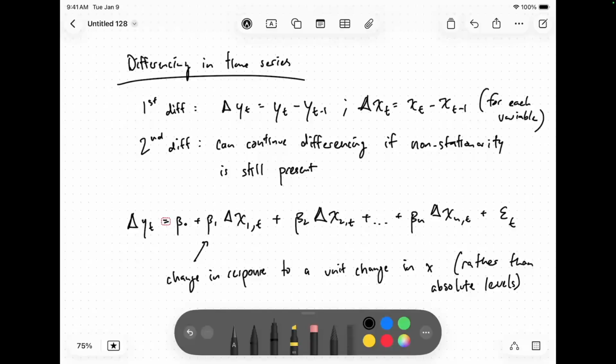This is probably the most basic one, so I'm just introducing it as a concept to deal with the particular problem of stationarity. Any questions with that?